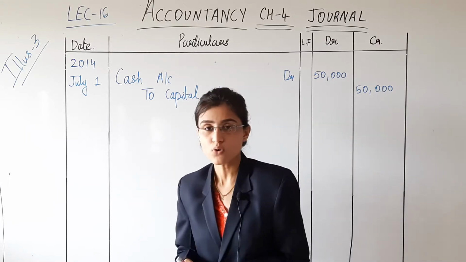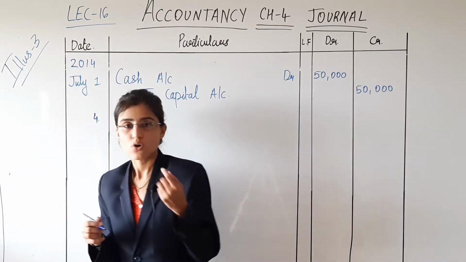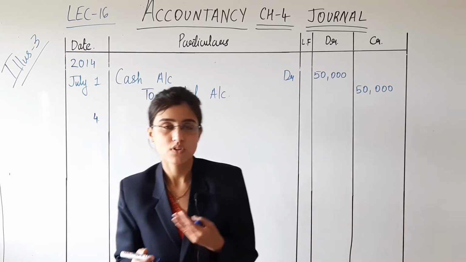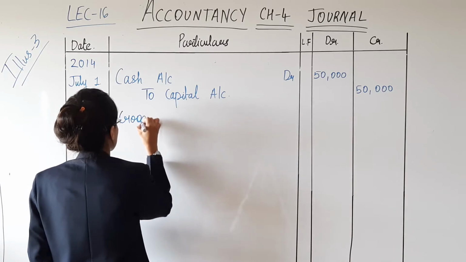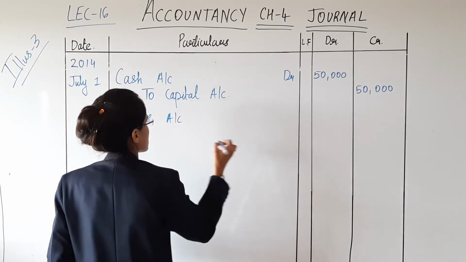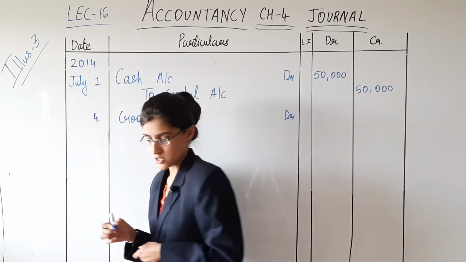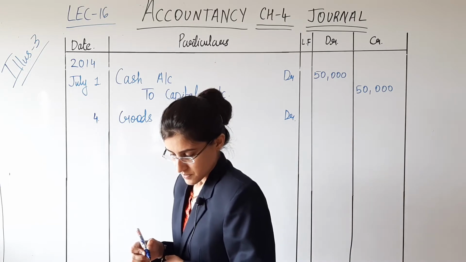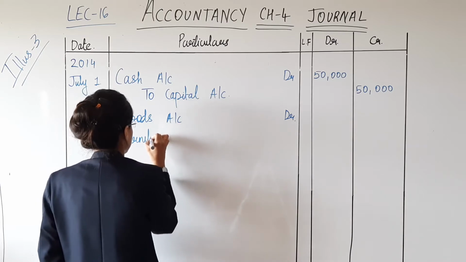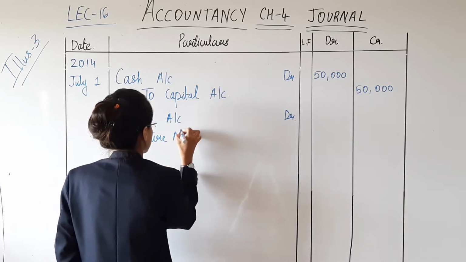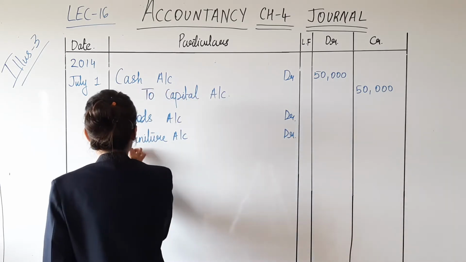So, July 4. You can write stock of goods account, you can write goods account, everything is okay. Goods account debit. Then we have furniture. Then debtors.